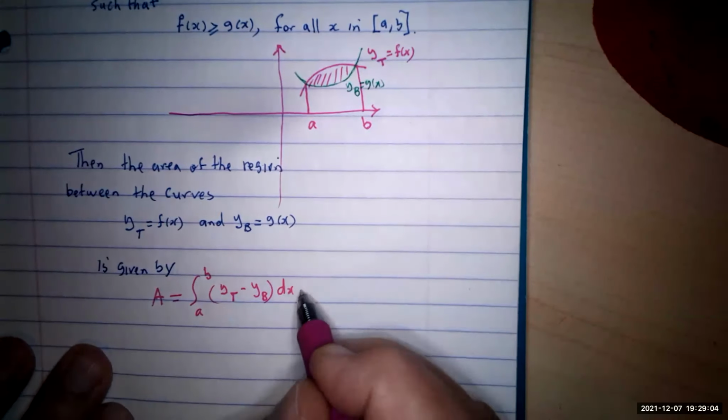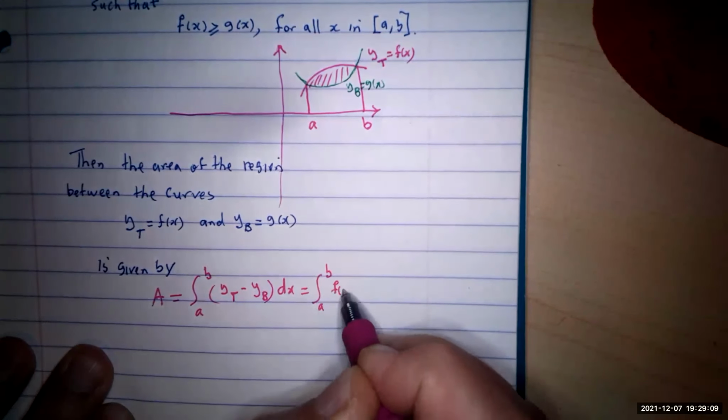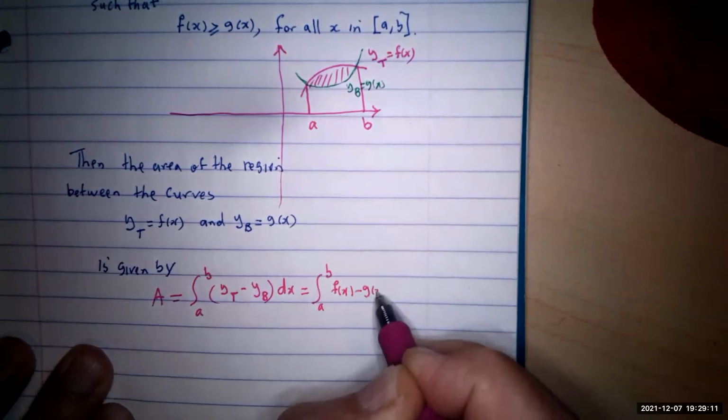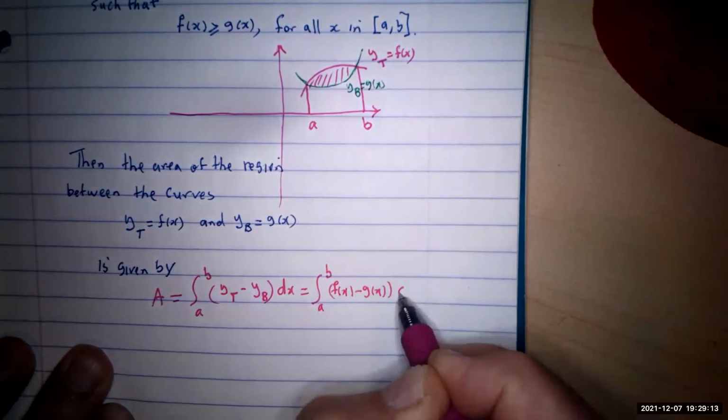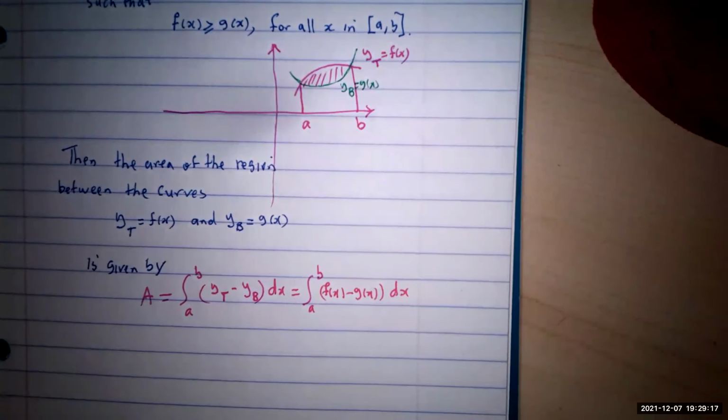In this case, it's the integral of the function on the top, f of x, minus the function at the bottom, g of x, dx. See, it's a difference between these two areas. Any question?